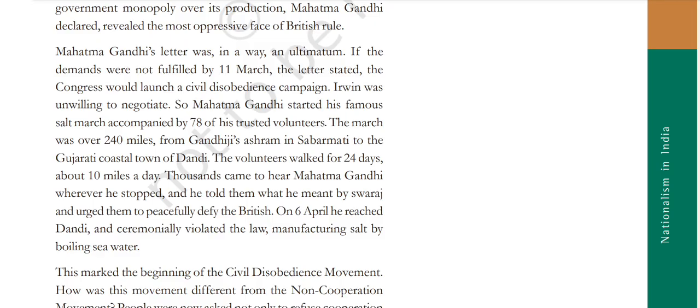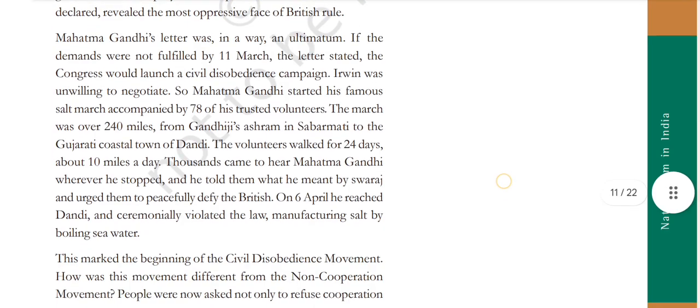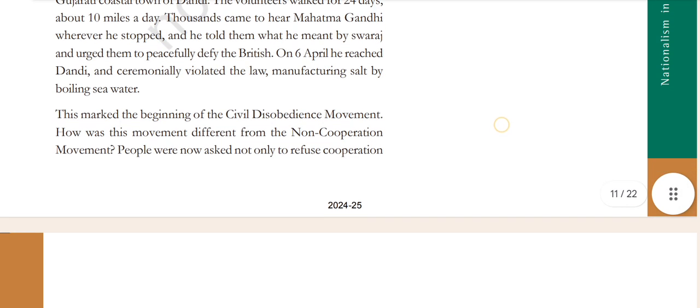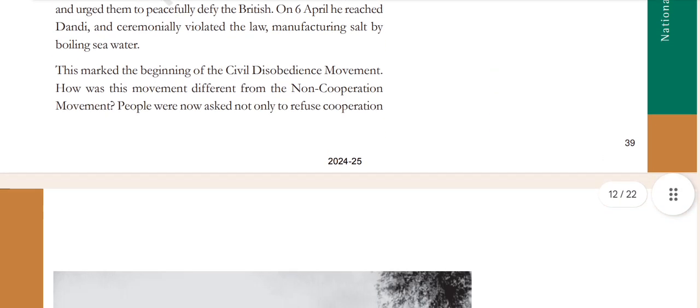Thousands came to hear Mahatma Gandhi wherever he stopped, and he told them what he meant by Swaraj and urged them to peacefully defy the British. On 6 April, he reached Dandi and ceremonially violated the law, manufacturing salt by boiling seawater. This marked the beginning of the Civil Disobedience Movement.